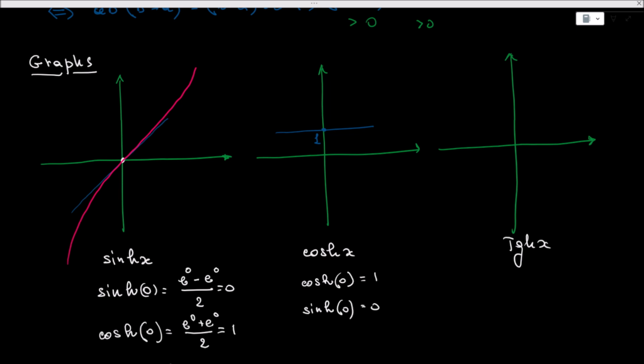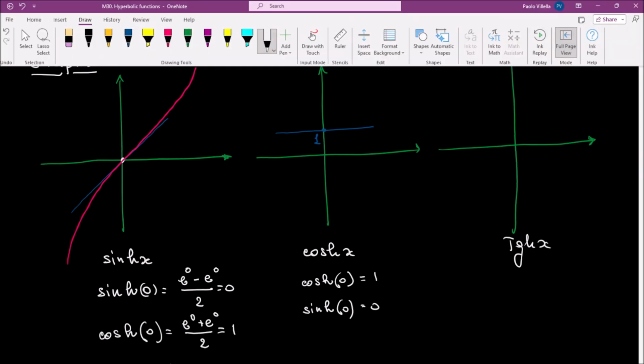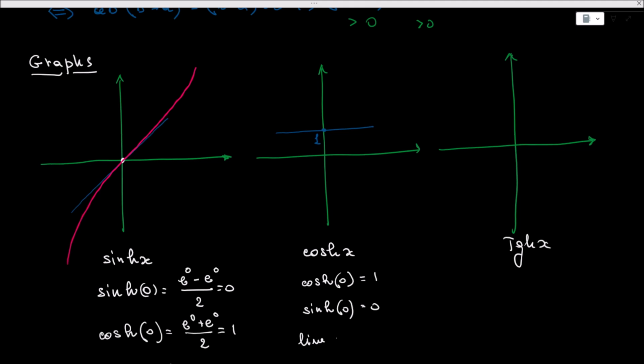It will go to plus infinity, because if we take the limit of the hyperbolic cosine of x for x that goes to plus infinity, this will be just the limit as x goes to plus infinity of e to the x plus e to the minus x divided by 2, but this will be neglected.